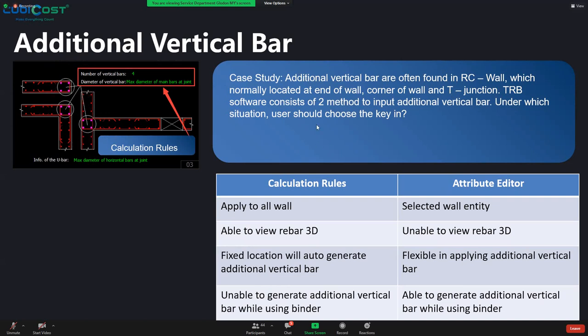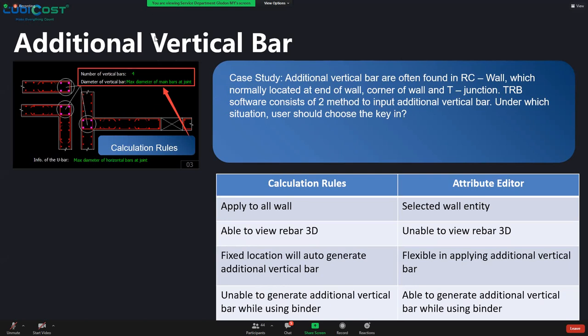The TRB software has two methods to input this additional vertical bar. Under which situation should users choose which to key in? There are two ways to key in the additional vertical bar. Here I've shown one of the methods, which is calculation rules.